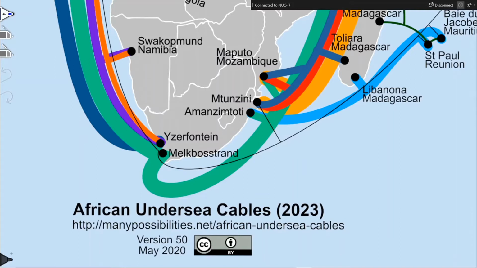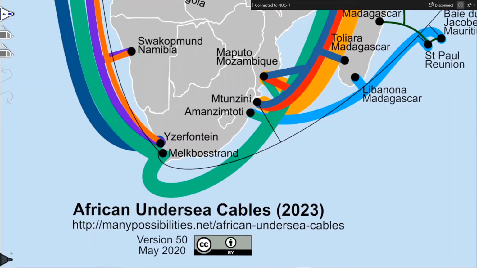Presumably it is obvious, but the various lines represent the various undersea cables in the South African region. The different colors represent different cables, and the thickness or the width of every line depicts the capacity of that cable.